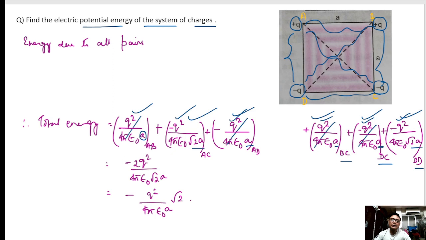So on simplification we get the total potential energy of the system.